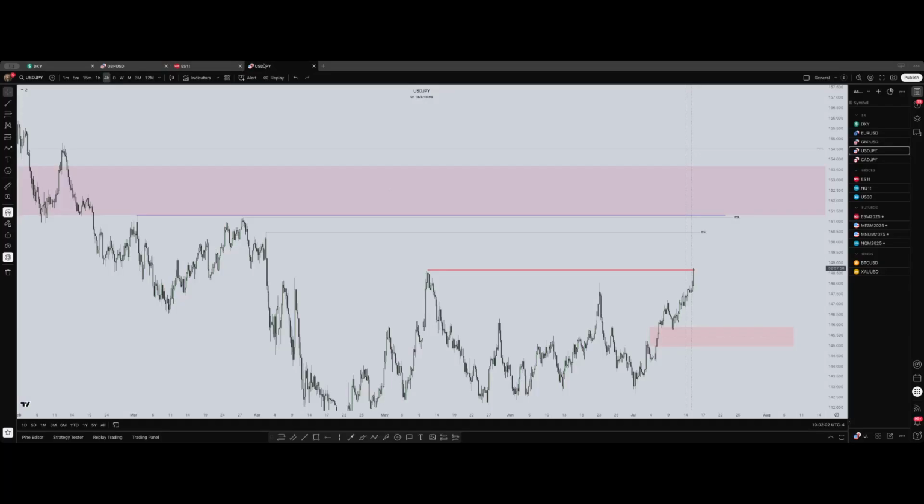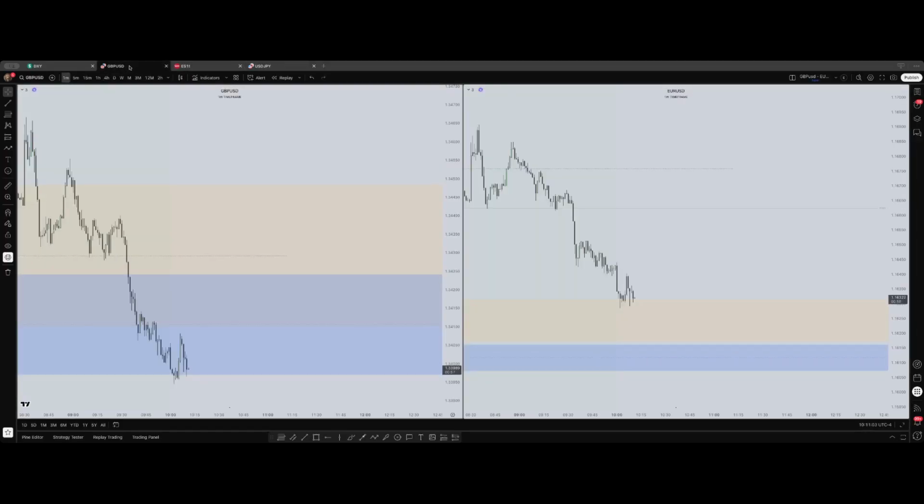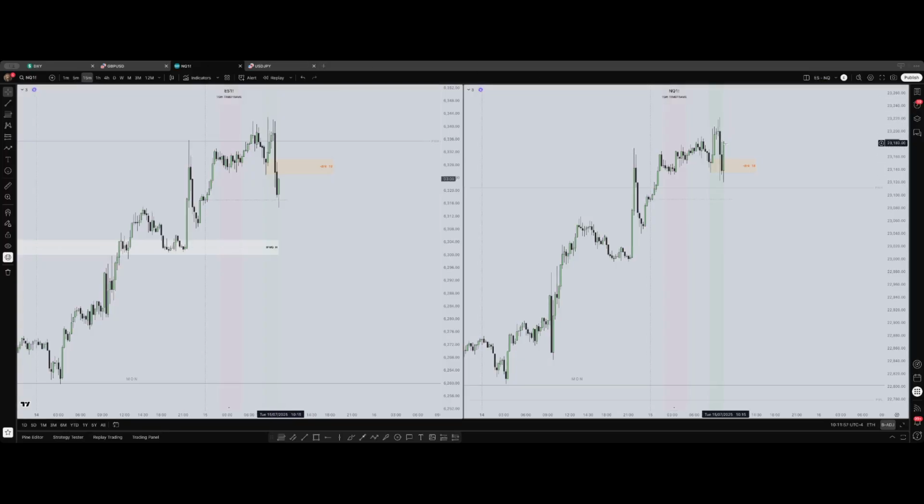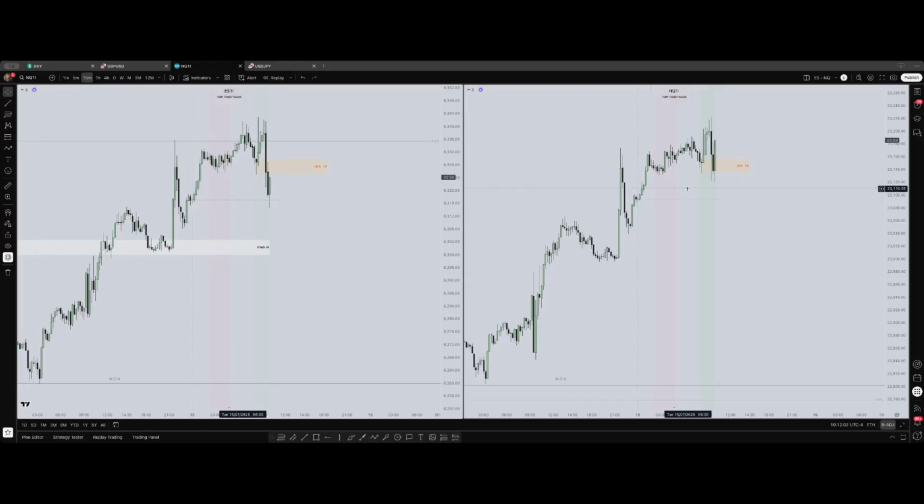So price can still continue falling. Yeah, you see, ugly conditions.